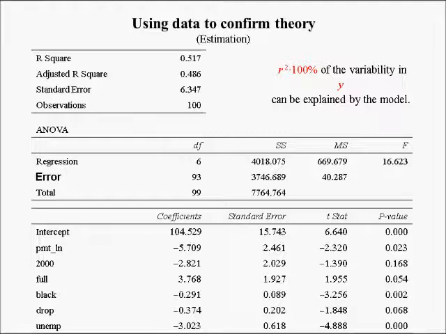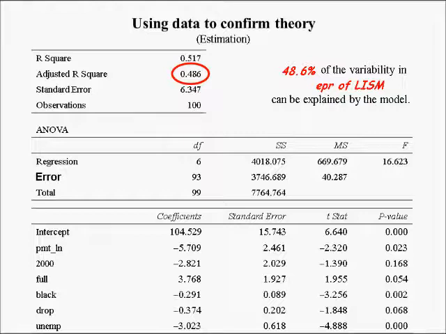So we pull out that blurb again, we multiply the adjusted R square, which is 0.486, by 100, and we get 48.6% of the variability in the employment population ratio of low-income single mothers can be explained by the model. So that's a massive improvement from simple regression.